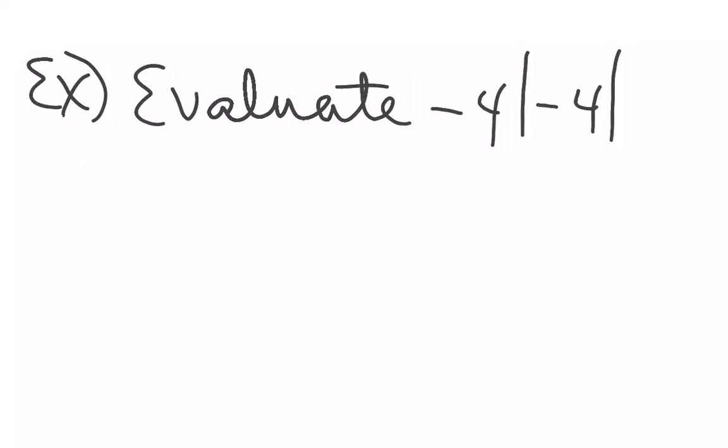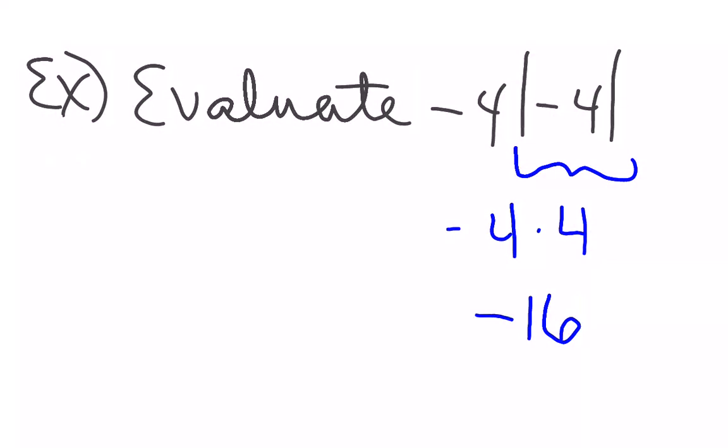So the absolute value of -4 is the first thing that we do. The absolute value of -4 is 4 because it is 4 spaces away from 0. And then last but not least, -4 times 4. Well, 4 times 4 is 16. We have a negative times a positive gives us a negative number. So our answer is -16.